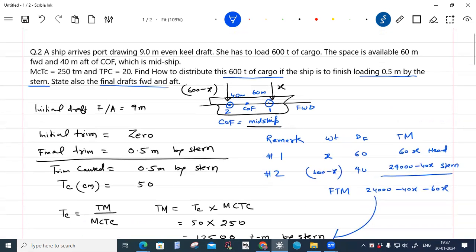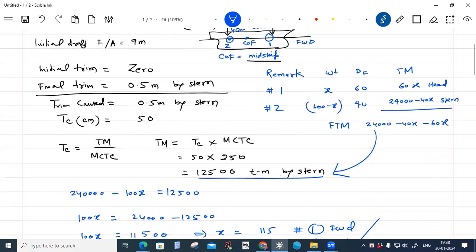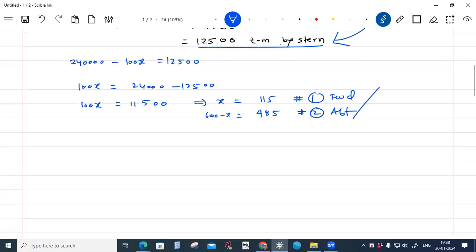But the question doesn't stop here. It says state also the final drafts, forward and aft. Okay, so let's work this way. Initial drafts: this is forward, this is aft.